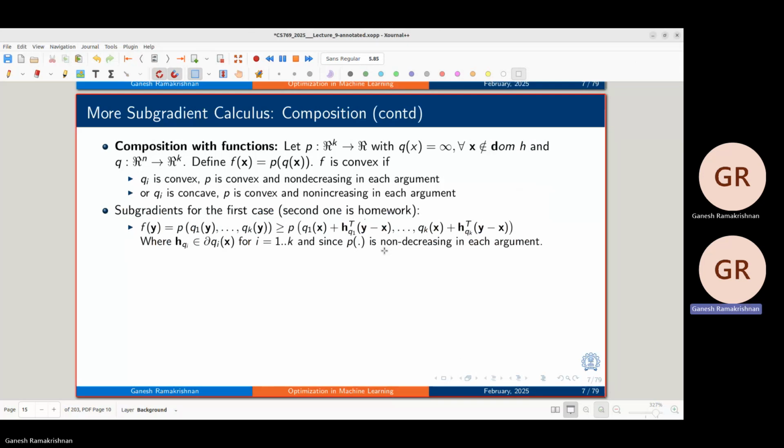My first step, I won't write everything on the board, is that I just applied the fact that P is non-decreasing in each argument. So P of Q1(y) through Qk(y) is greater than or equal to P of Q1(x) plus hQ1 transpose (y minus x), and so on, up to Qk(x) plus hQk transpose (y minus x). Why? Because these are subgradients, if you want to write down the inequality. So what does it mean to say?